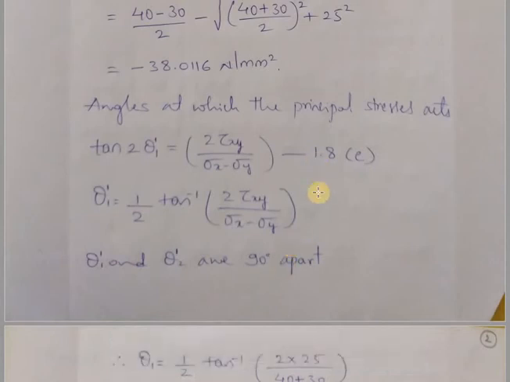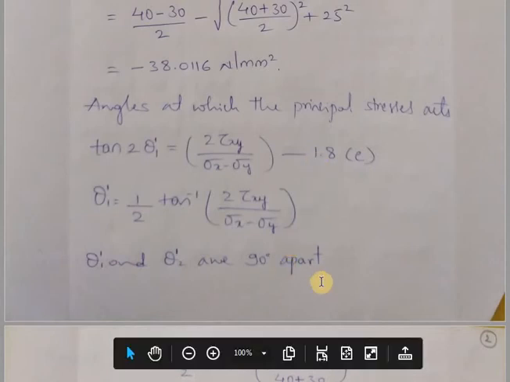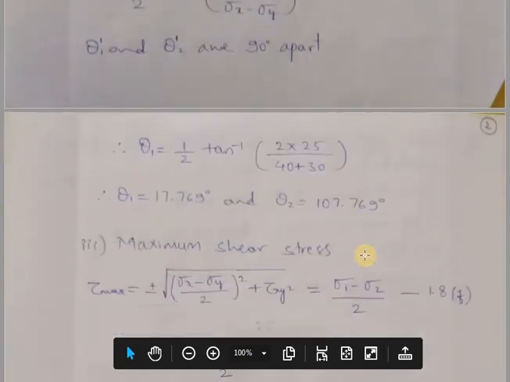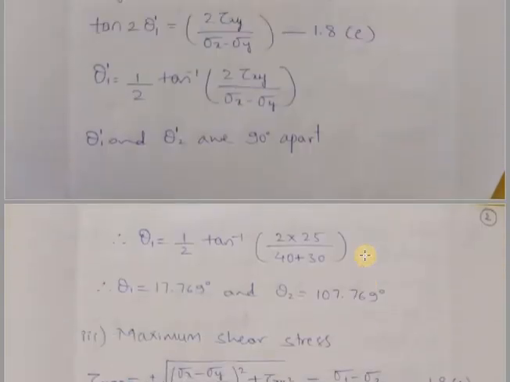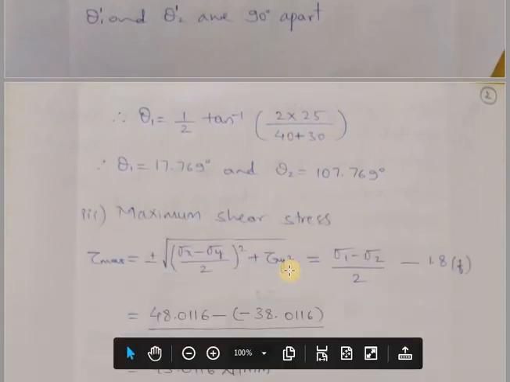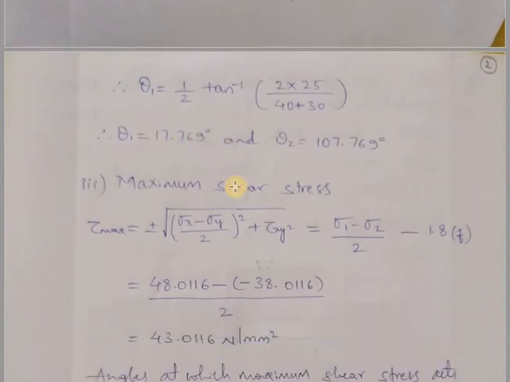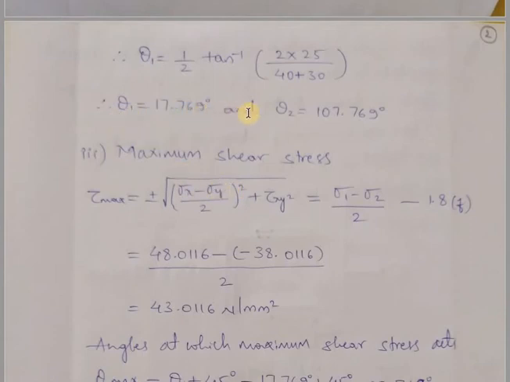itself below the equation number 1.8e. So please refer to the data handbook. Substituting the values, we get theta 1 dash is equal to 1 by 2 tan inverse of 2 into 25 divided by 40 plus 30. We get theta 1 is equal to 17.769 degrees and theta 2 is equal to 107.769 degrees.